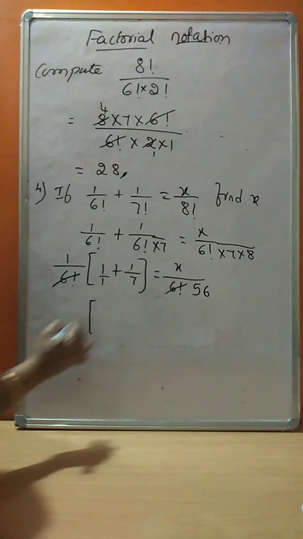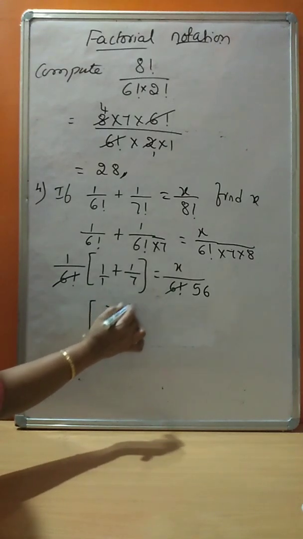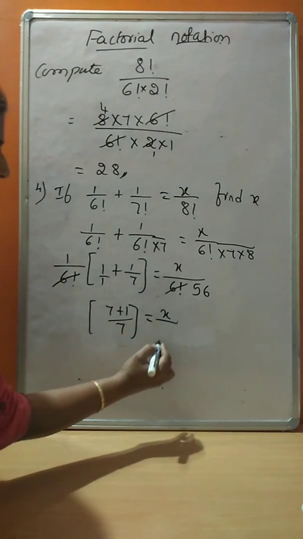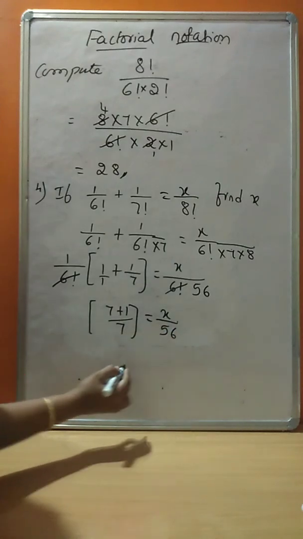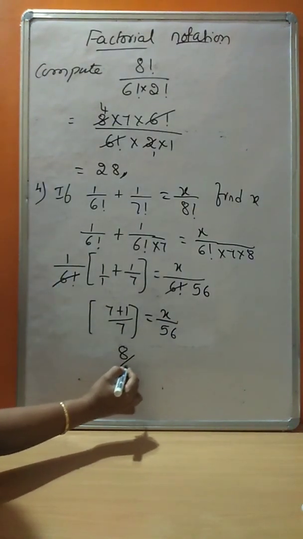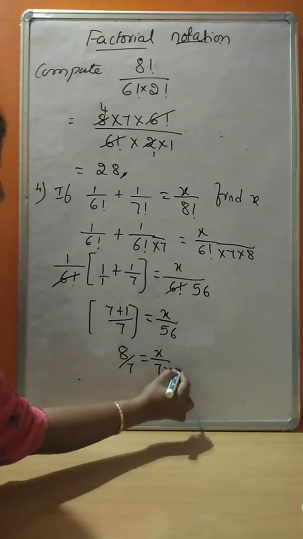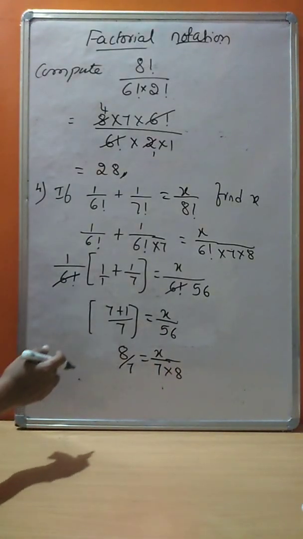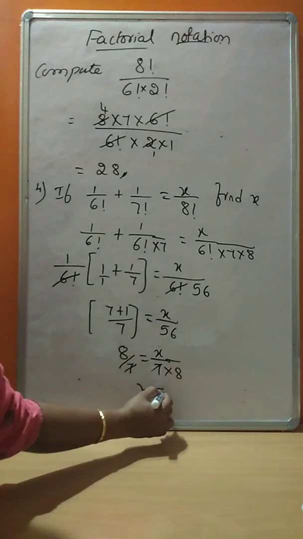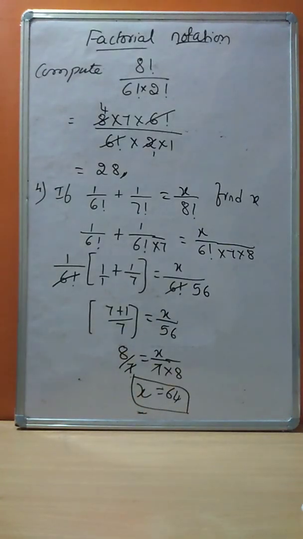If you take the LCM as 7, 1 sevens are 7, plus 1 one is 1, must be equal to x divided by how much? 56. So 8 by 7 is equal to x by 56. Either retain it like that, or if simplification is happening, you can multiply as well. See, 7 and 7 get cancelled. 8 eights are 64. The value of x is 64. Clear?